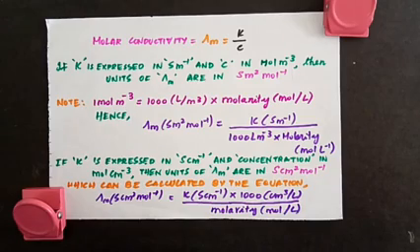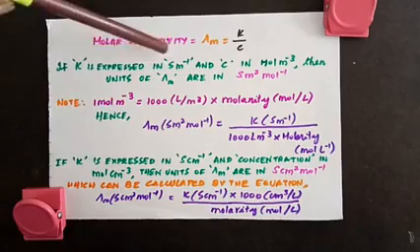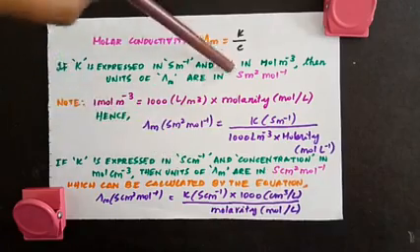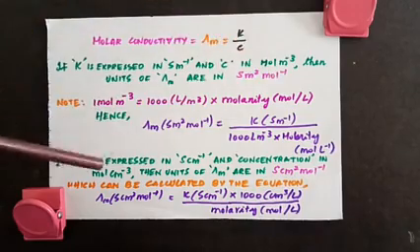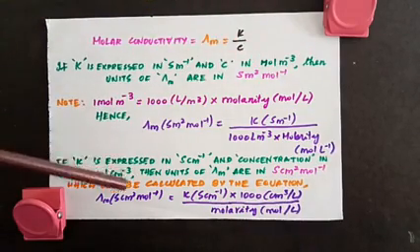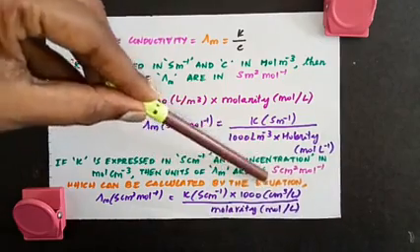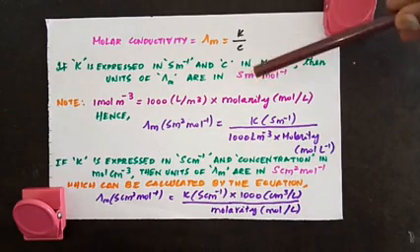And the next one: if kappa is expressed in Siemens centimeter inverse, here it is Siemens meter inverse. If kappa is expressed in Siemens centimeter inverse and concentration in mole centimeter to the power minus 3, then the units of del m are Siemens centimeter square mole inverse. So see here, this is meter square, this is centimeter square.